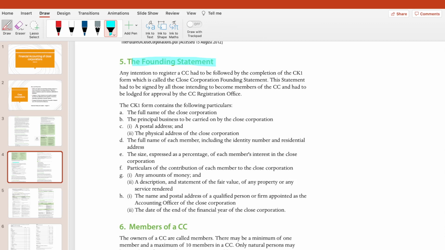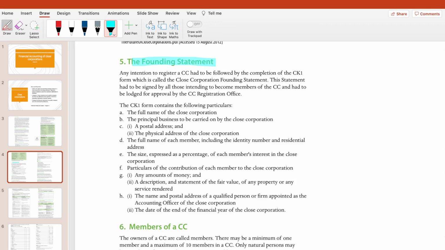The postal address will be there, the physical address of the closed corporation, the full name of each member, and also their ID and their address, the size expressed as a percentage of each of the members' interest in a closed corporation, and almost like the partnership, how much will be the percentage that each one of the members owns. In a partnership, each partner also owns a certain percentage of the partnership.